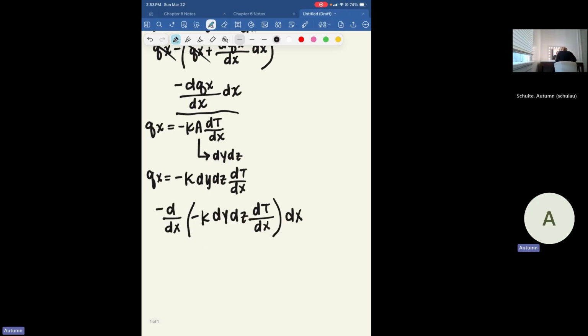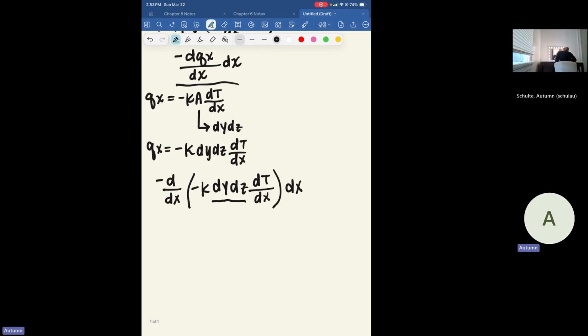And you'll notice that we can take out this dy dz term right here because that is not dependent on x. And also our negatives cancel. So we're going to have the derivative with respect to x multiplied by the thermal conductivity times the change in temperature with respect to x multiplied by dx, dy, dz.